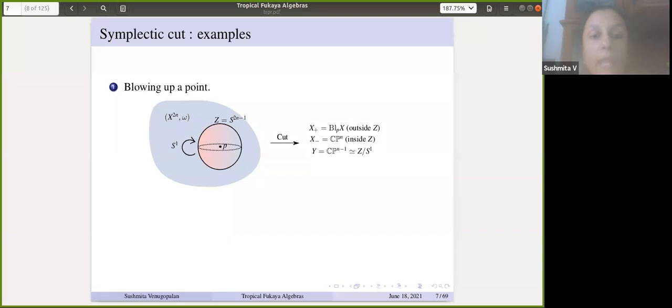If you cut along the sphere and mod out by S1, one of your pieces is the point blow up, and the other piece is a copy of CPN. And the relative divisor is CPN minus 1, which is S2n minus 1 modded out by S1. If you were to think of this as a toric blow up, that would be the picture in the moment polytope.